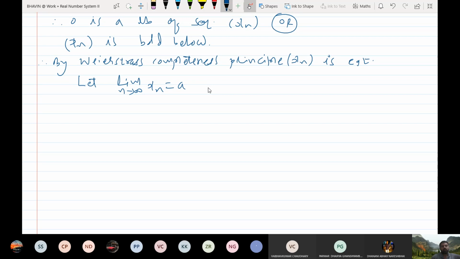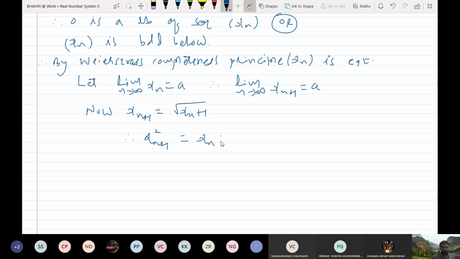Now I want to find out a. Since the limit of xn is a, you can say that the limit of xn plus 1 is also a. Now what is xn plus 1? Under root of xn plus 1. By taking square on both the sides, xn plus 1 square is just xn plus 1. Now take limit on both the sides, limit n goes to infinity.